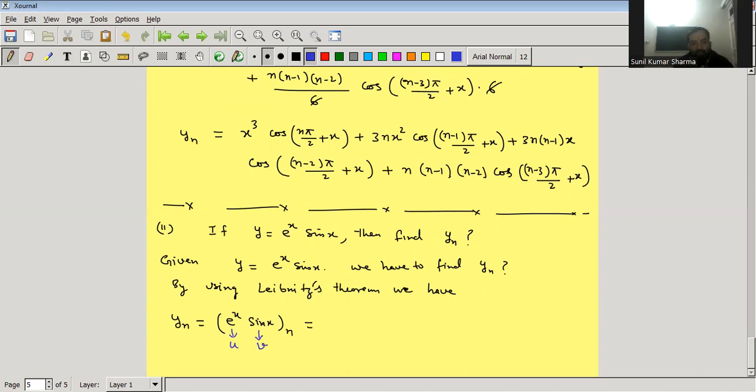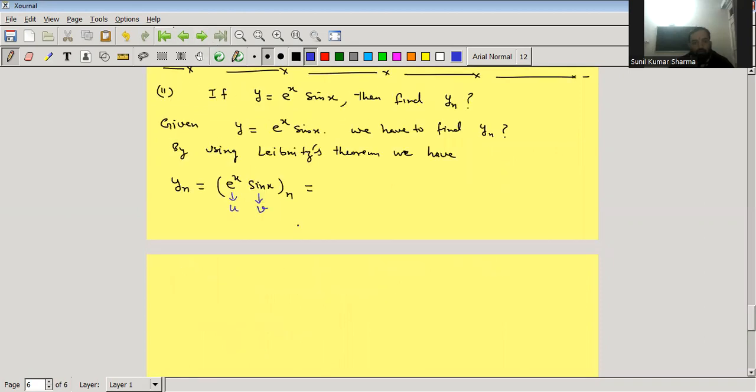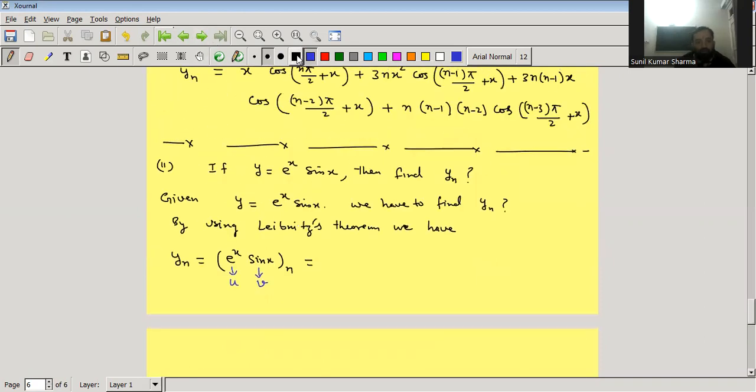Or you can take sin x to be u and e to the power x to be v. So y is equal to e to the power x into sin x. We have to find the n-th derivative. We take u is equal to e to the power x and v is equal to sin x. So we can apply Leibnitz's theorem.